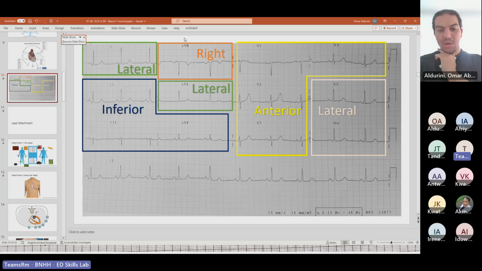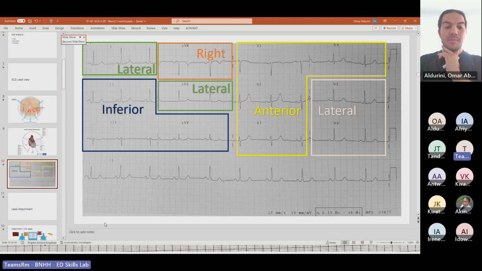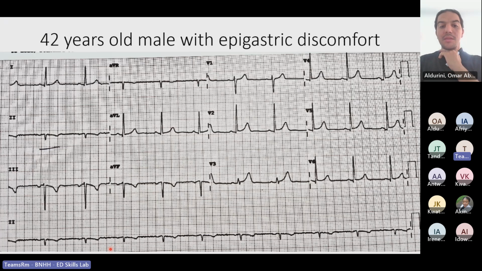Sometimes we can do a right-sided ECG and a posterior ECG, but in the normal one, the only lead pointing to the right side is aVR. So in this ECG again, we have T wave inversion in lead 2, lead 3, and aVF, and this represents the inferior wall of the heart.